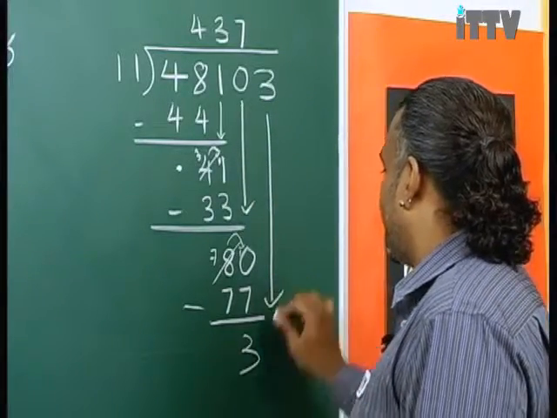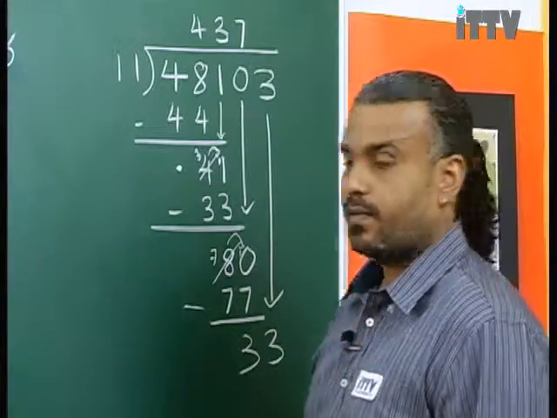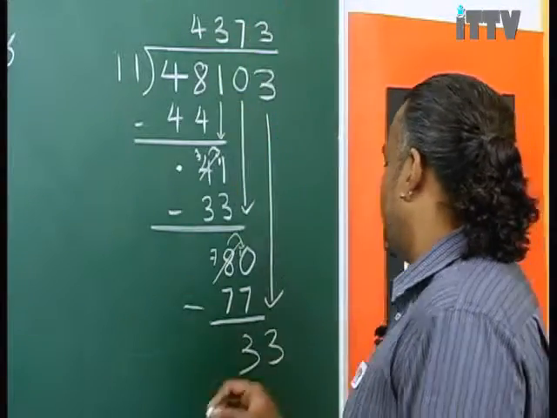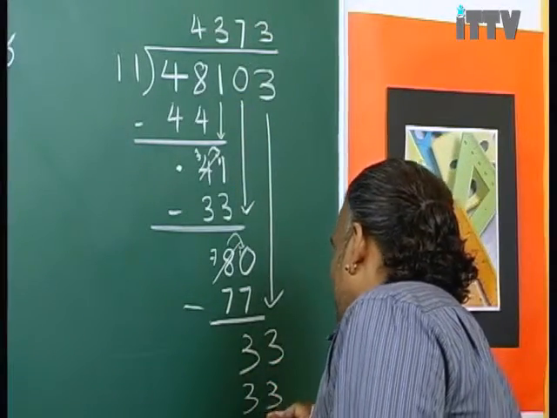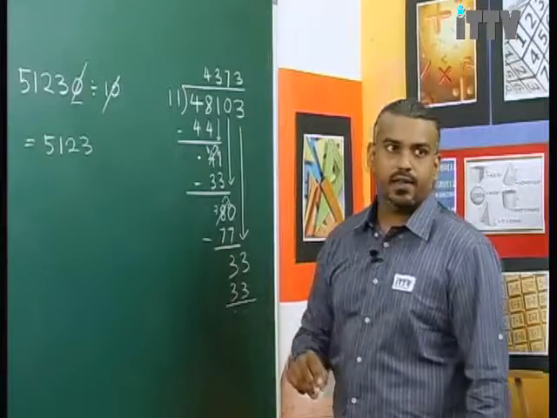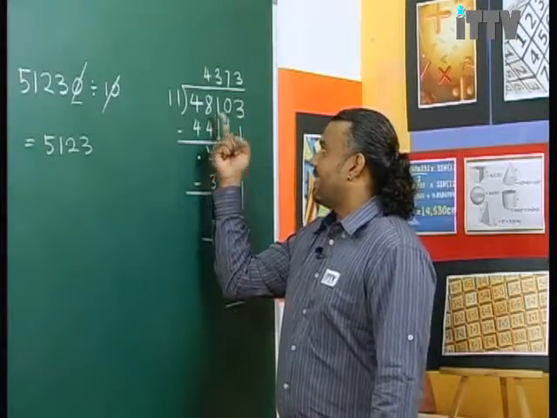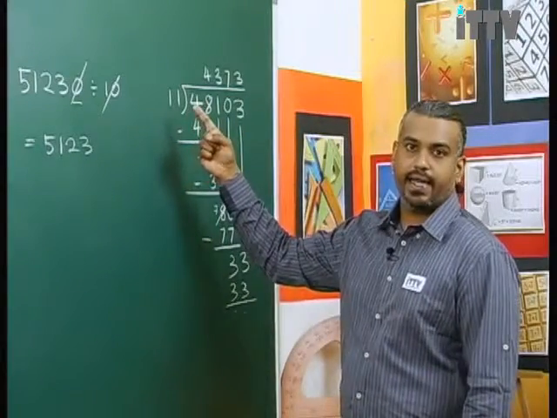Bring down the 3. 11 multiplied by 3, 33. Is there a remainder? No, there is no remainder. Therefore, this dividend is divisible by 11.